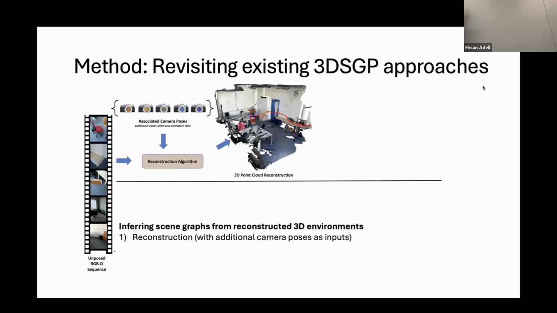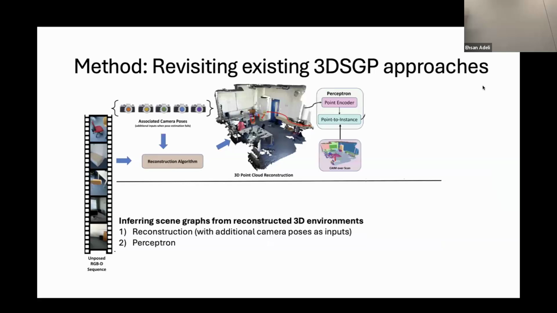To infer scene graphs from 3D environments, this approach highly relies on the reconstruction step, where the additional associated camera poses are provided as input. Next is the perception stage, which includes the feature extraction and graph formulation steps.